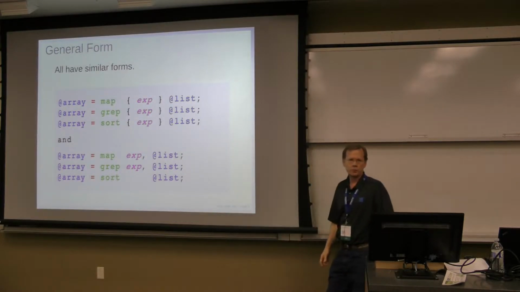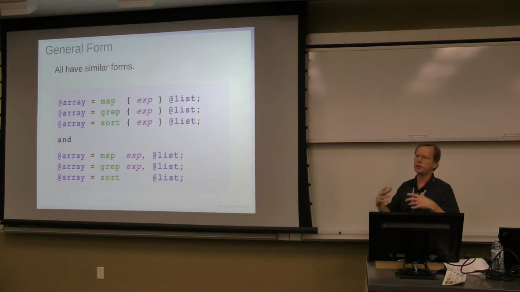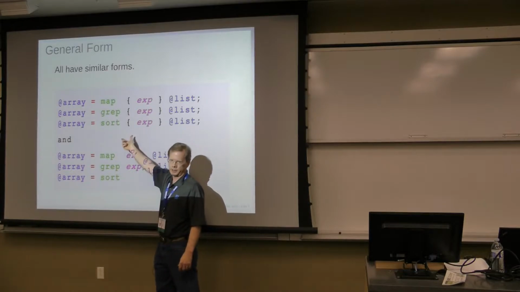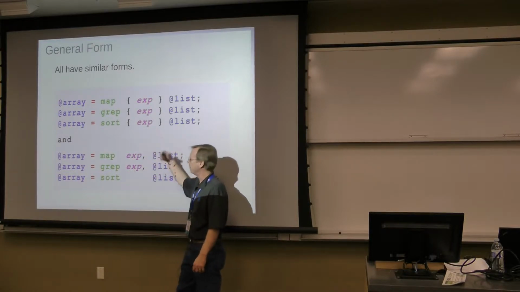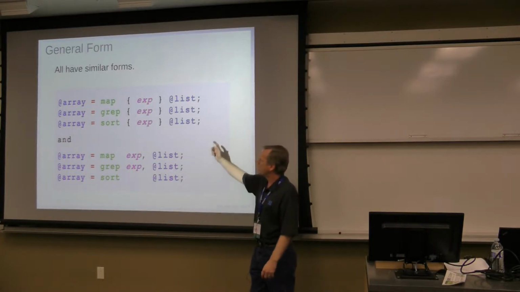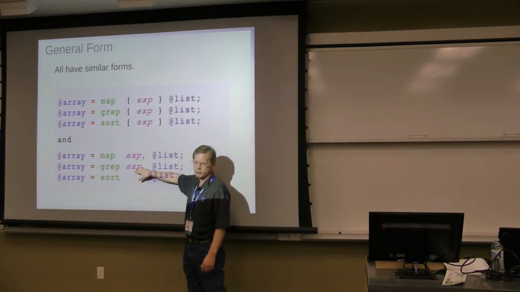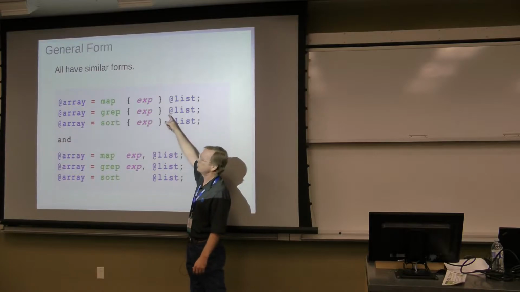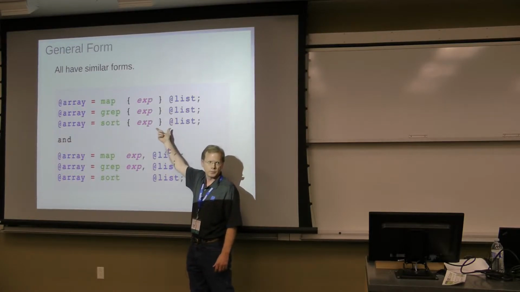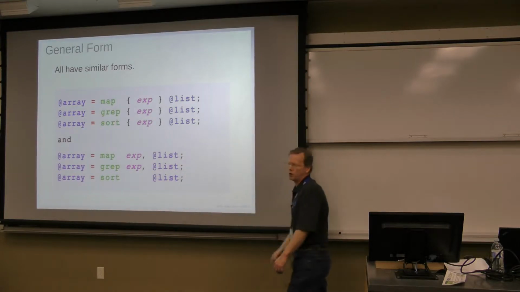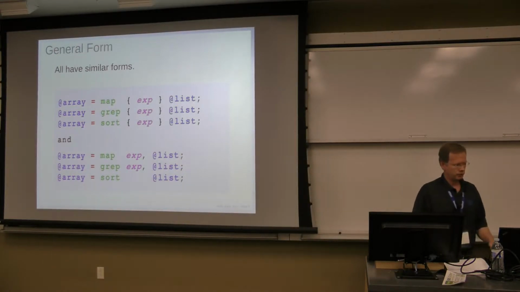So grep functions much like the command line grep in that you can return just the things that match. Sort has a similar form, but it's reordering the elements, so it's a little bit different process than map and grep. There's an alternate form without the code block, where you just give it an expression and you use a comma. Notice there's no comma when you're using the code block. Then sort, we have some other alternatives there, and we'll talk about those when we get to sort.